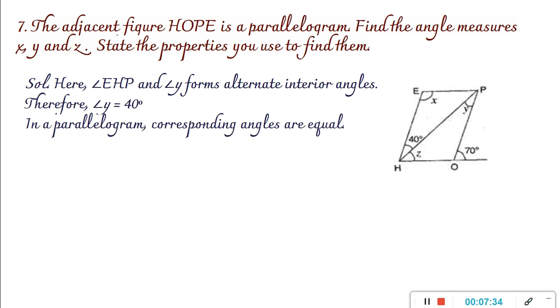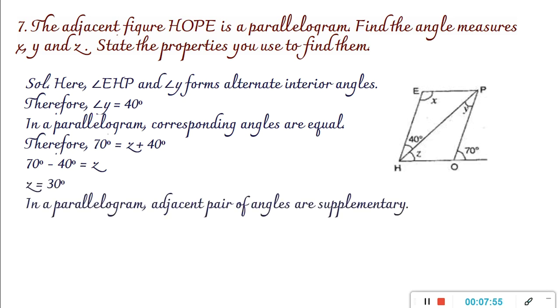So in a parallelogram, corresponding angles are equal, isn't it? So 40 degrees, here 70 degrees, that is corresponding of 40 plus z, isn't it? 40 plus z. So 70 minus 40 is equal to angle z. So angle z is equal to 30 degrees. Now in a parallelogram, an adjacent pair of angles are supplementary, isn't it?